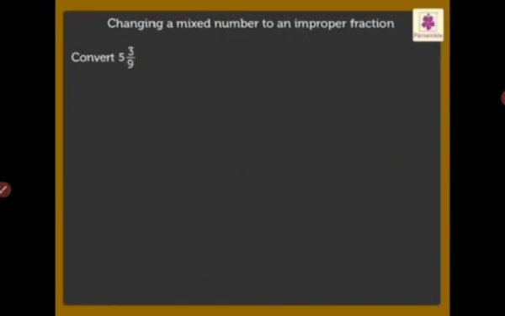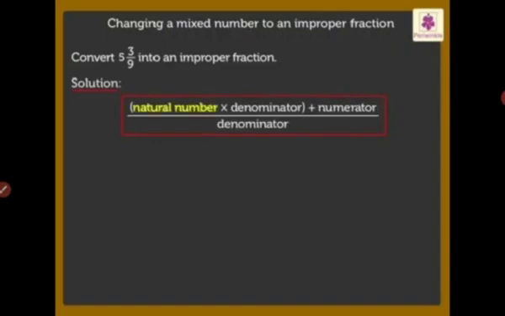Convert 5 and 3 upon 9 into an improper fraction. To do this, multiply the natural number by the denominator and then add the numerator to the product to get the new numerator. Write the denominator as it is. Therefore, 5 and 3 upon 9 is equal to 5 into 9 in brackets plus 3 upon 9, which is equal to 45 plus 3 upon 9, that is equal to 48 upon 9. Thus, 5 and 3 upon 9 is equal to 48 upon 9.